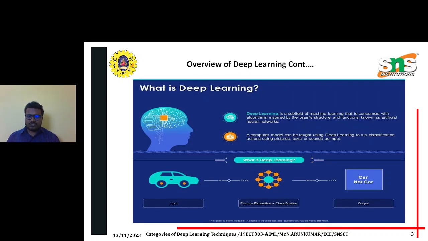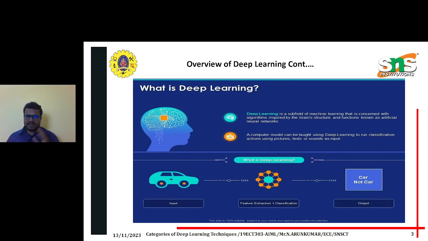Deep learning is performed using input and feature extraction plus classification method, and it is identified by using a machine. For example, if you feed a car as input to the device, then automatically, based on the already stored images, it shows that it's a car.